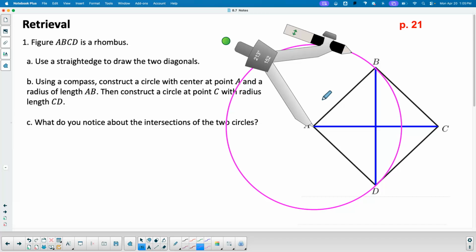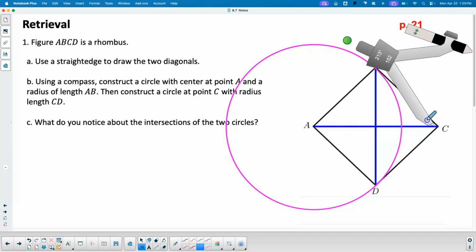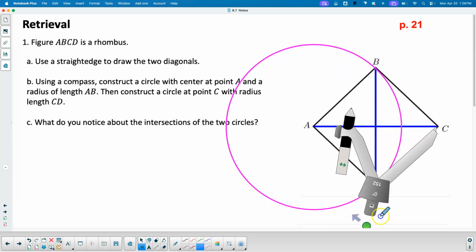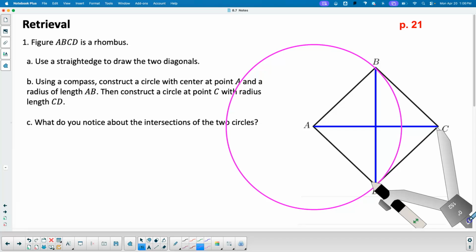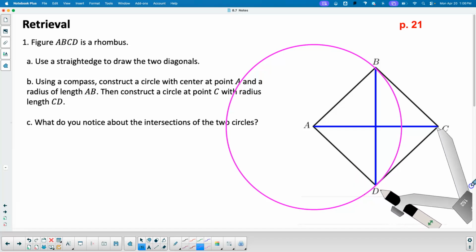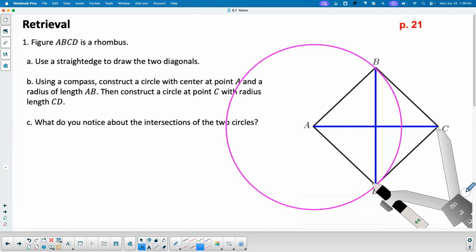Then it said, construct a circle at point C. So now I'm moving my pointy end to point C, with length CD.